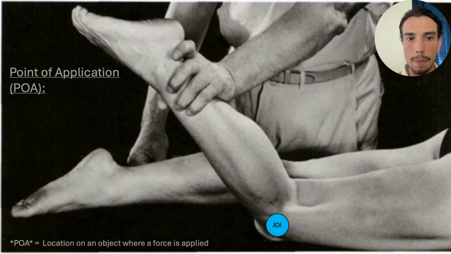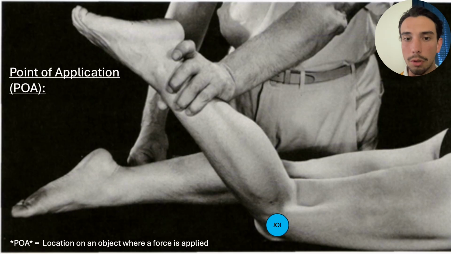So now we want to look at the point of application for the external force. So remember that the point of application was just the location where we could pinpoint that the force is being applied. So for the internal forces, for muscles, we found out that that was the insertion point of the muscle.